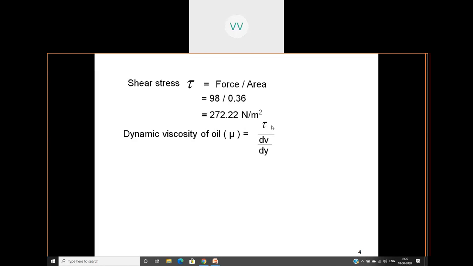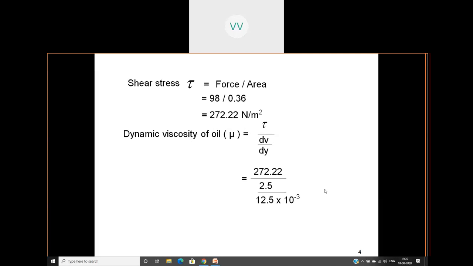So it is tau by dv by dy, because tau is equal to mu into dv by dy, which is the velocity gradient, that is change in velocity by change in the thickness. So instead of dy you put dt.